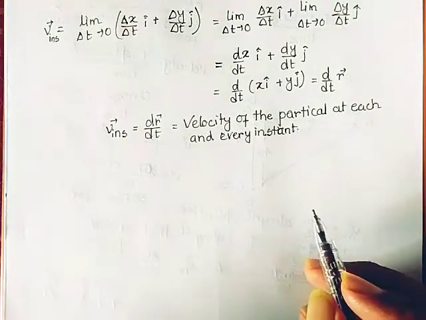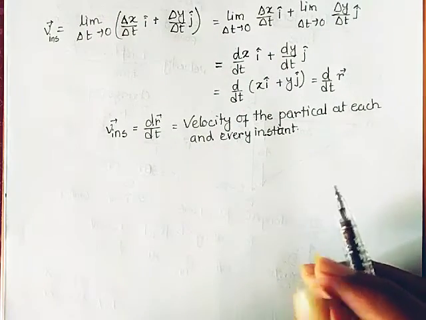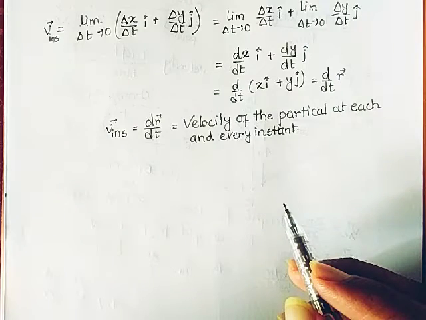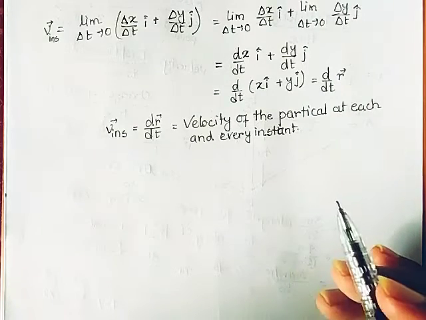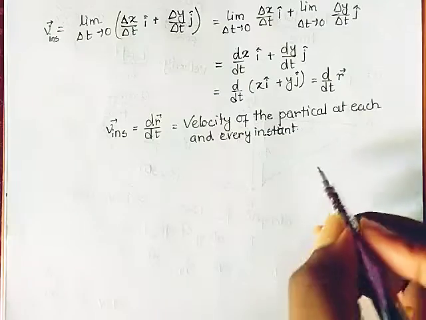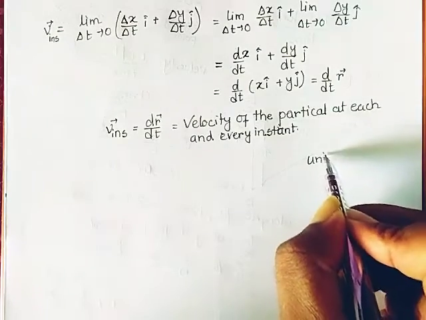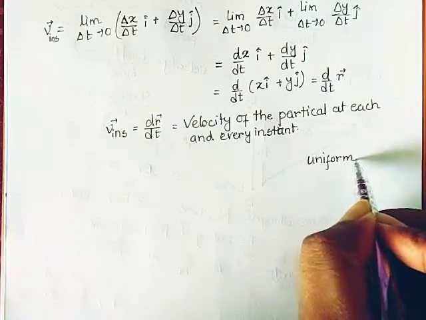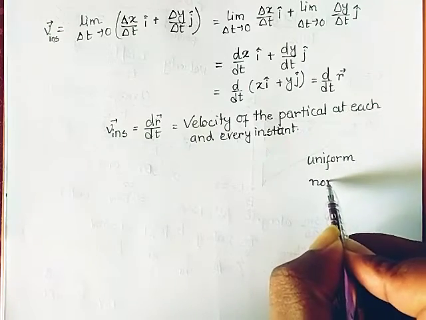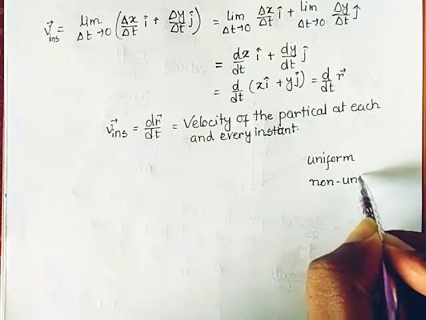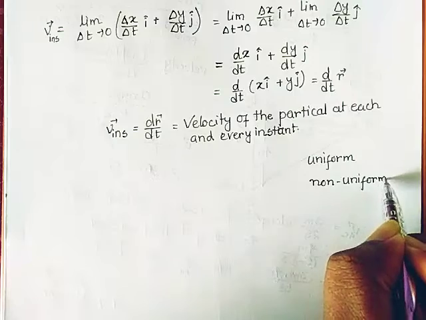The motion of a particle, that is the change in position of a particle with direction in a particular interval of time, may be uniform or may be non-uniform. So what do these words basically mean, uniform and non-uniform?